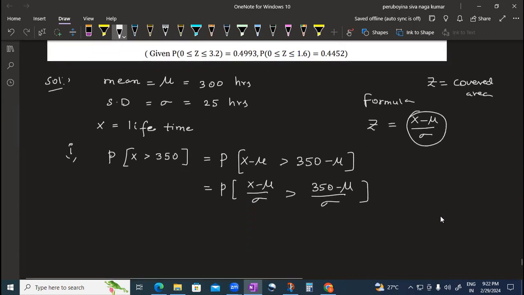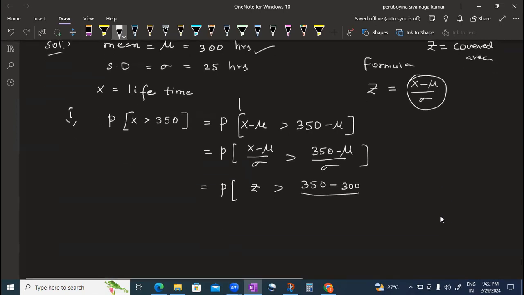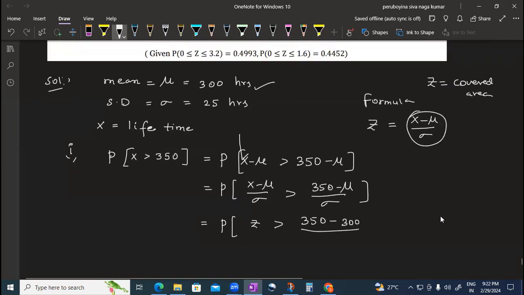So why are we doing this? To replace this X minus mu by sigma with G. So G greater than 350 minus, what is mu here? 300 hours. We will substitute the mu value. Also, we will substitute the sigma value, 25 hours.